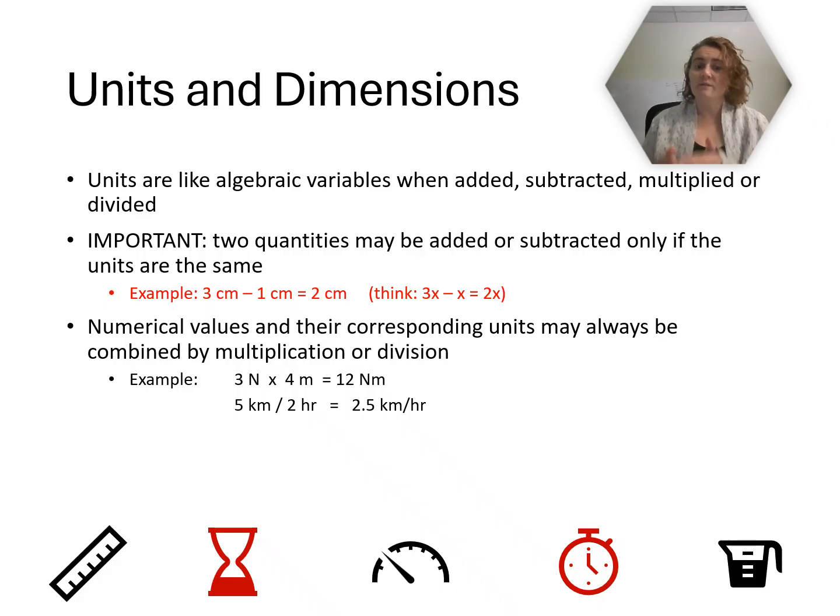As another example, we could have 5 kilometers per 2 hours, which gives us 2.5 kilometers per hour. So you can combine units in many different ways. With addition and subtraction, you want to make sure everything has the same units. When you do multiplication and division, everything is going to get combined into new units. And that's going to play into this concept of dimensional homogeneity in a moment.